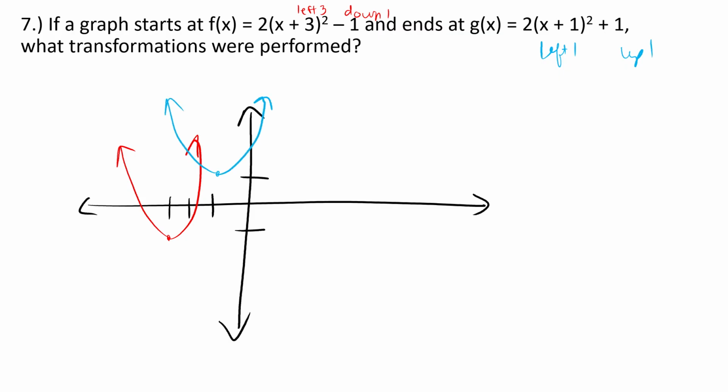You can always add something in there that would show it flipped, but I didn't throw that at you in this one. So the question is, what transformations were performed? How do I get from the red graph over to the blue graph? If I take a look at it, it looks like we went up 2.